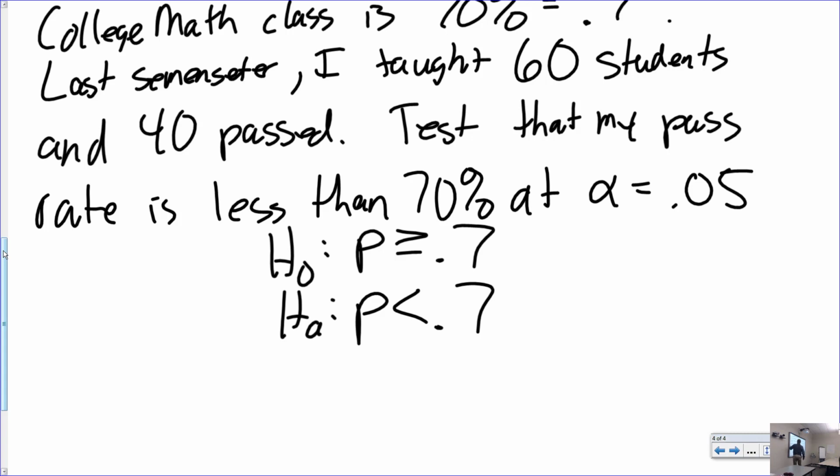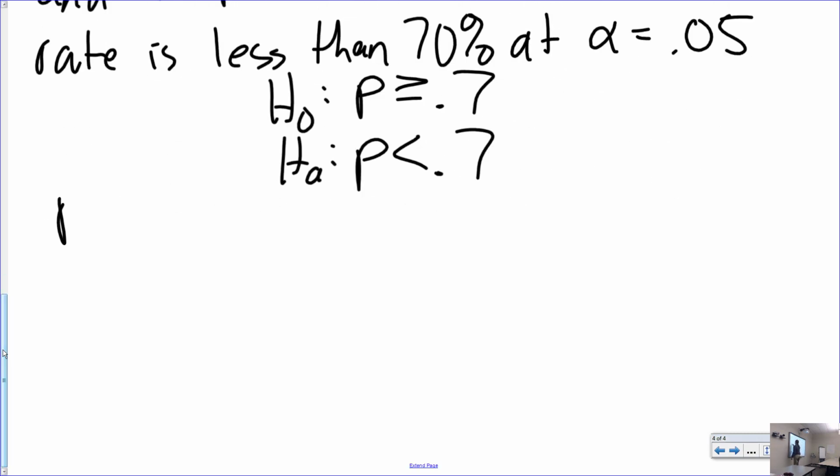All right, so first thing you've got to do is tell me what p-hat is. X over n, 40 over 60. Let's round it to hundredths just to make it easy.